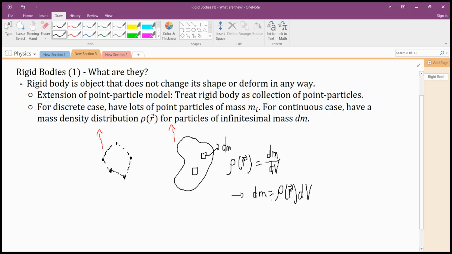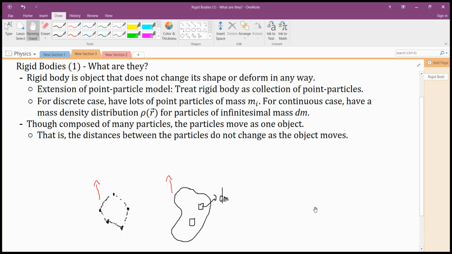I don't want to get into the details here, but we keep track of the mass of this rigid body by a mass density, and we treat each point on the rigid body as a point particle of infinitesimal mass, dm. As already noted, the key thing here for this rigid body, whether it's continuous or discrete, is that although there are many particles that compose these objects, the particles move together as one object.